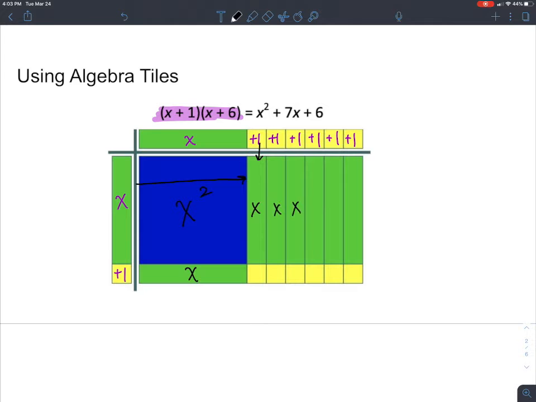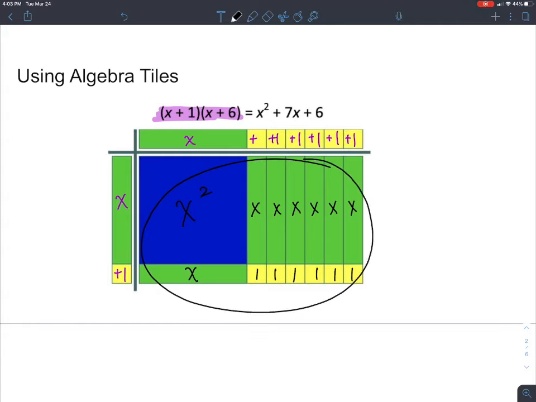So all of these are just an x. And then we have 1 times 1, which is just 1. Then we said if we add all of this together, that tells us the entire area, kind of like the product. So we have x squared.